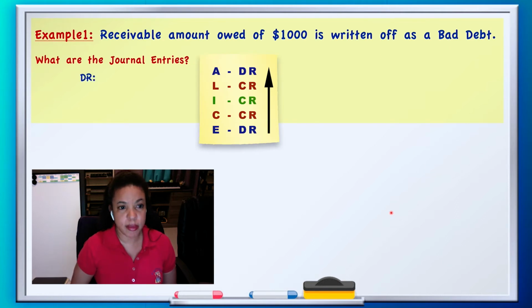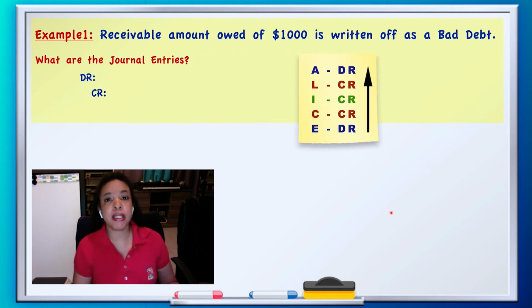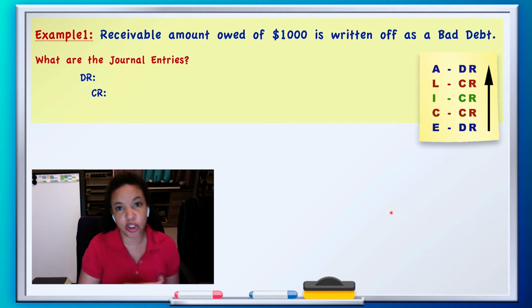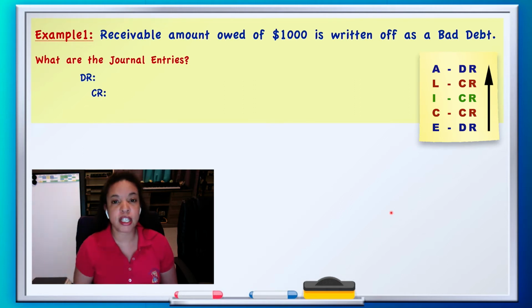Okay, so that is the question that we're asking. Which account is debited? Which account is credited? Now, what happened in the transaction? 2 things happened. A bad debt was written off, and because the bad debt was written off as an expense, the receivable amount was decreased. It means that that receivable or debtor does not owe that money anymore.